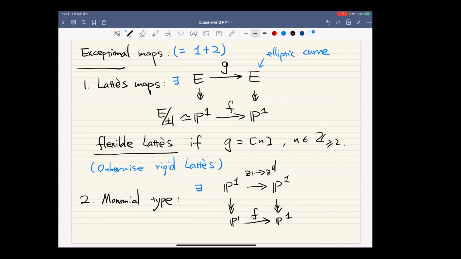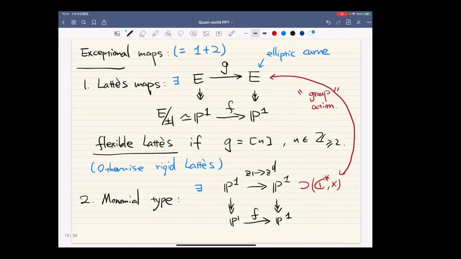Another type is the so-called monomial type, which means that f is semiconjugate to a monomial map, something like z maps to z^d. And we say a map is exceptional if it is Lattès or of monomial type.